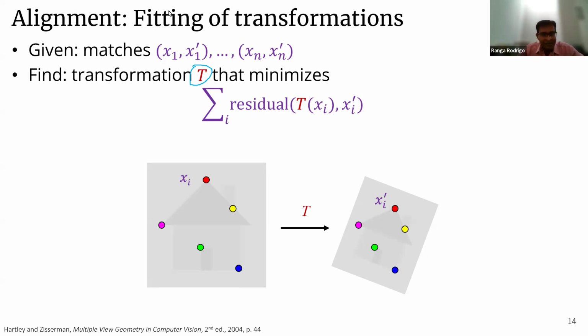So the problem setup here is that you have matching pairs of points xi in one image, let's call it image 1, and the matching coordinate in image 2, let's call it I prime, xi prime. So this is a typical notation that we use.